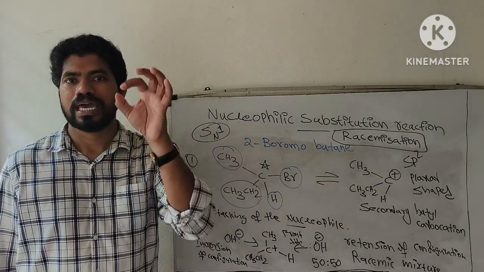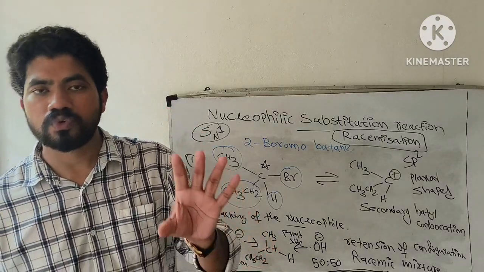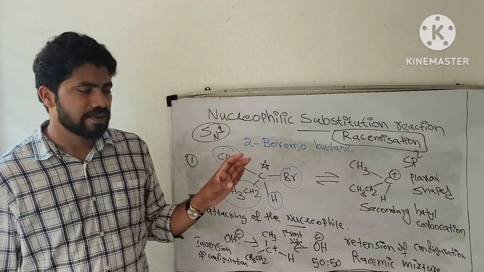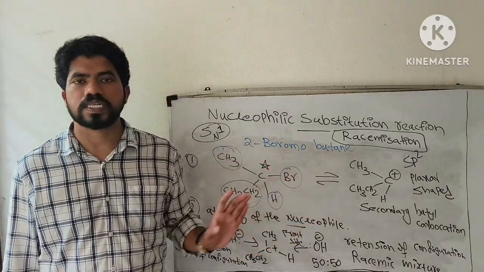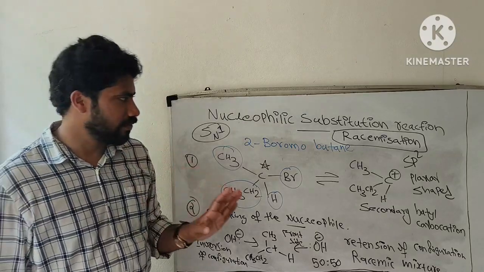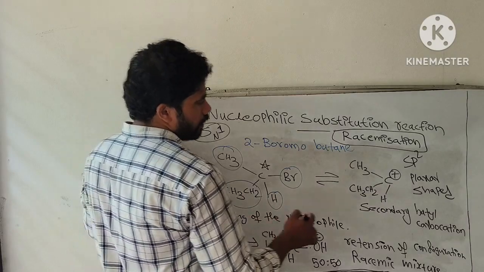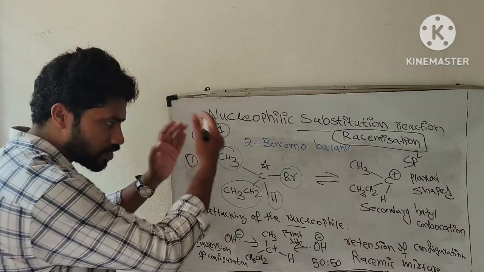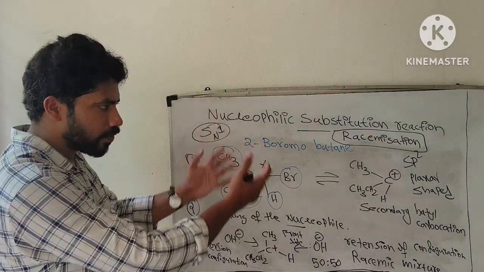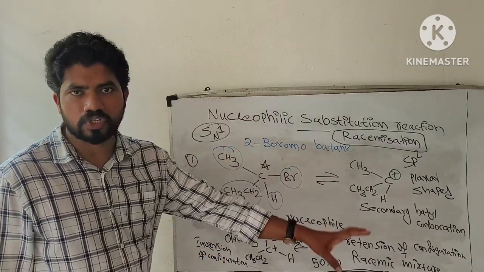Both will give you a mixture of enantiomers. They are stereoisomers which are non-superimposable mirror images, and once that 50-50 percentage is formed, it is called a racemic mixture. It is optically inactive. Once you get a racemic mixture, the entire mixture of product is optically inactive, and both are enantiomers.